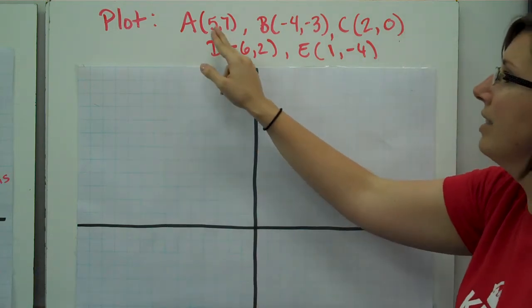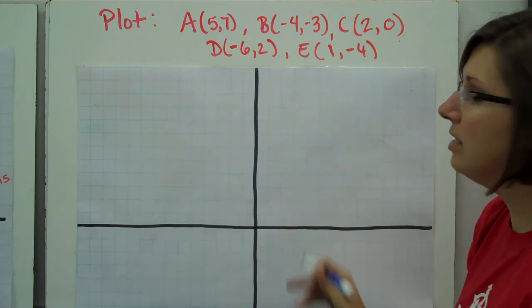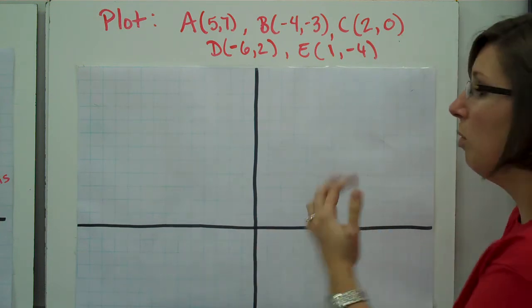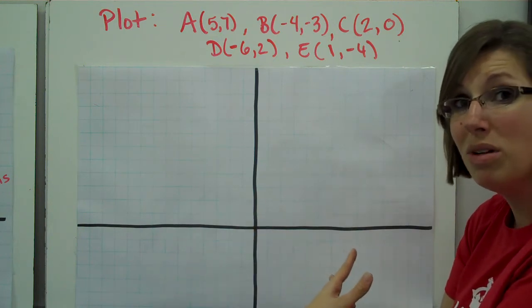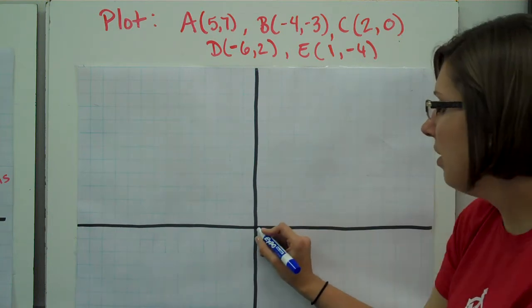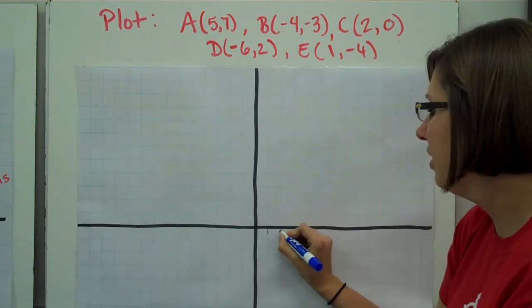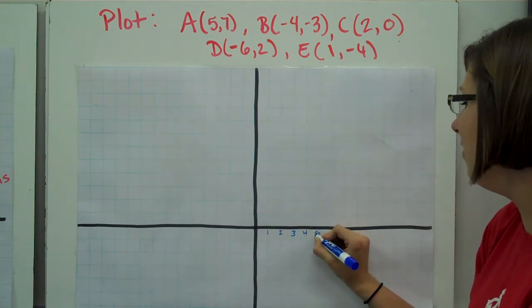It says A is (5, 7). As you notice, neither of my axes are labeled, so I can go ahead and start labeling now. (0, 0) is the middle, so I've got 1, 2, 3, 4, 5.